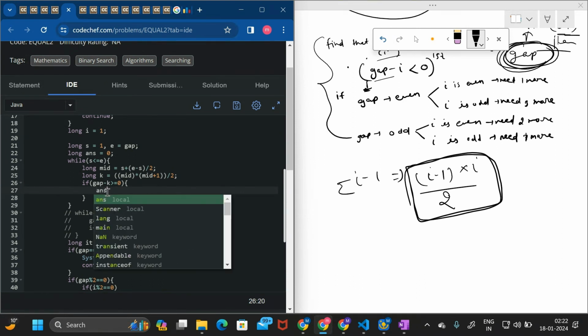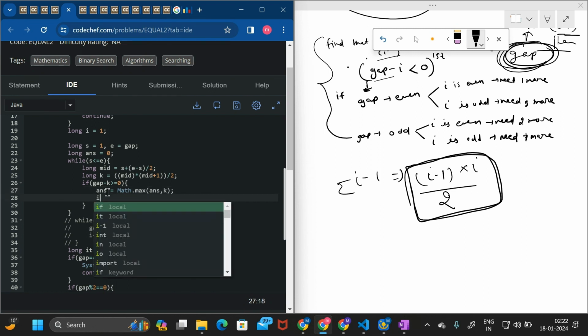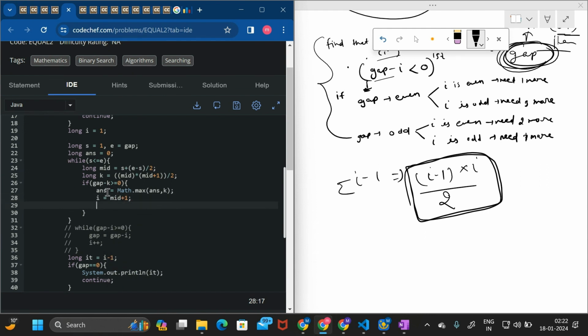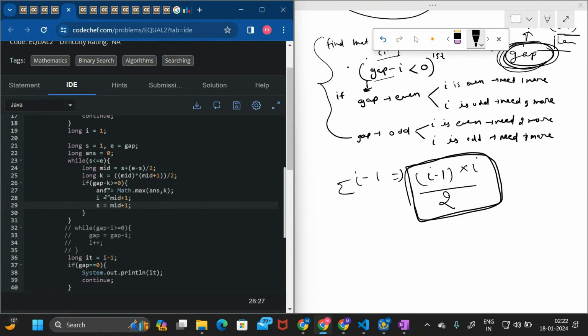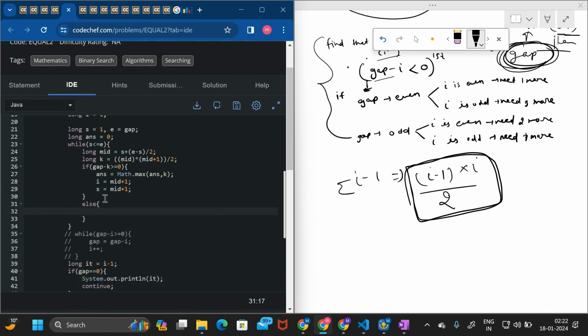Okay, so we say that answer equal to Math.max(answer, k), and we increase our I, mid plus 1, and we can increase our starting point also by mid plus 1, and else our gap minus k is negative, then we move backward.